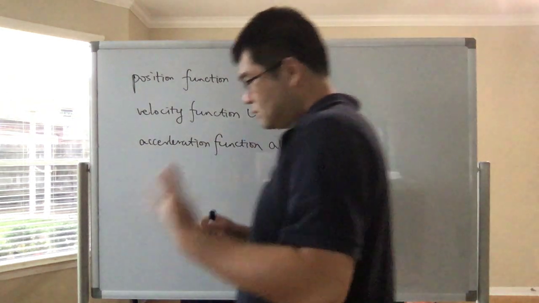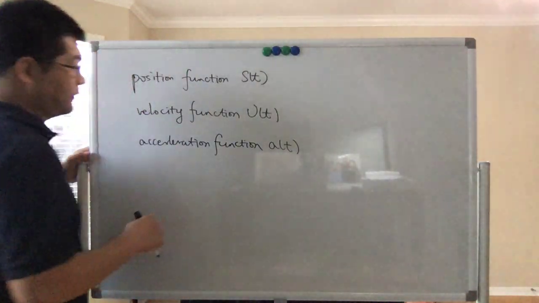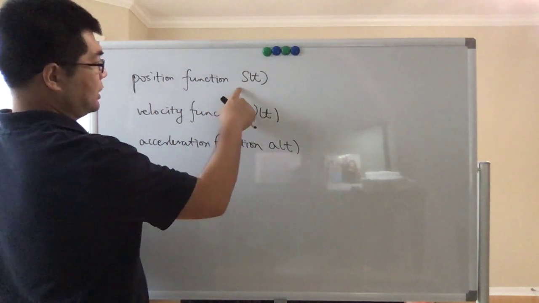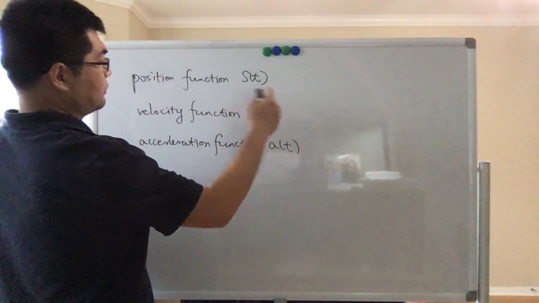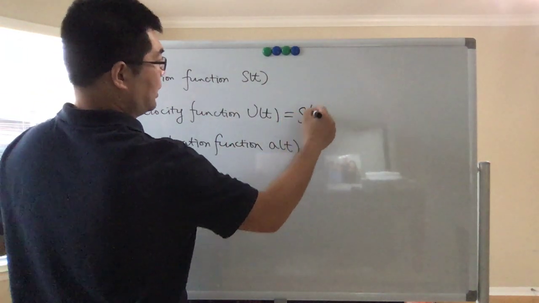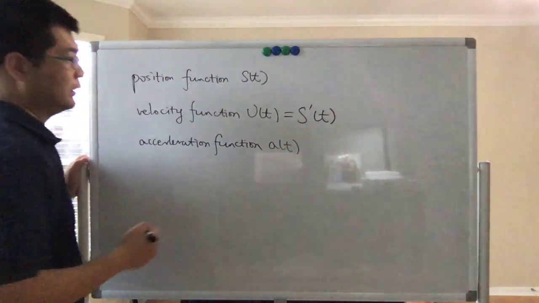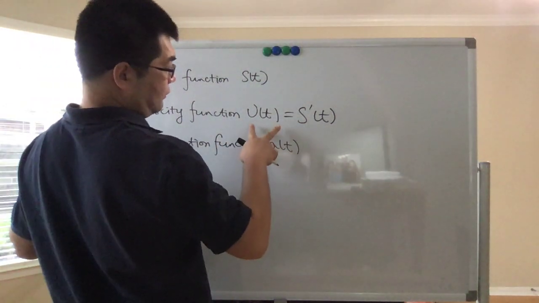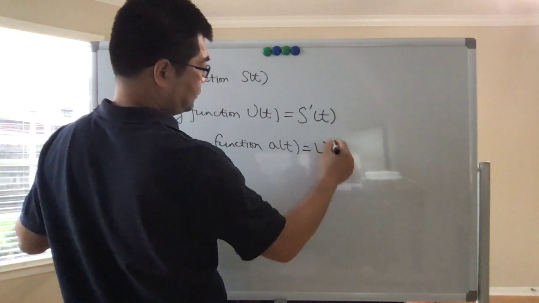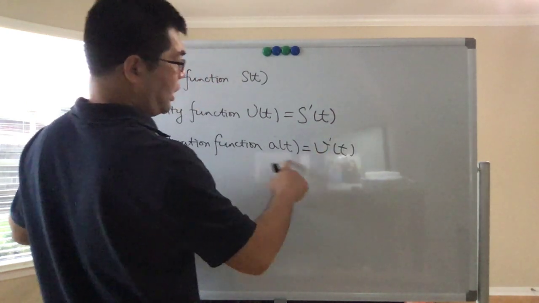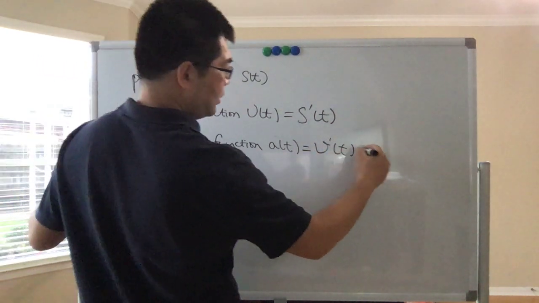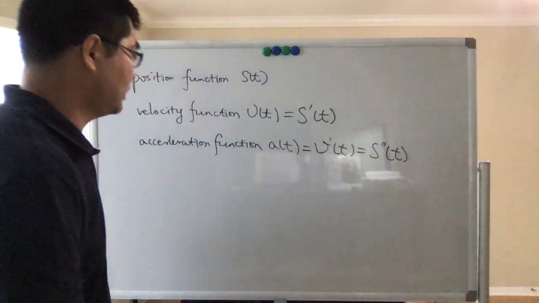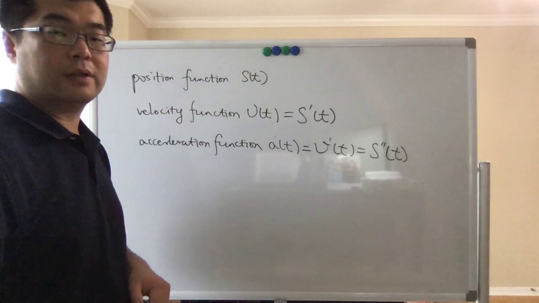Since we learned about the derivative, the connection between those three is that if you take the derivative of the position function, you're going to have the corresponding velocity function, okay? And if you take the derivative of the velocity function, you're going to have the acceleration function, or if you take the second derivative of the position function, that's going to give you the acceleration function here, okay?